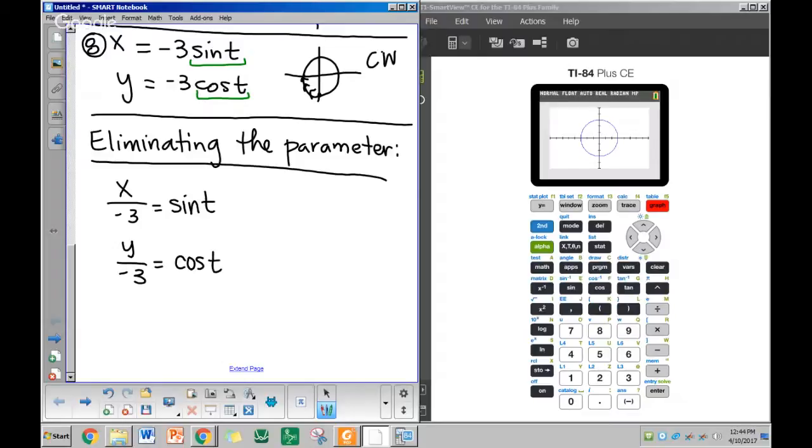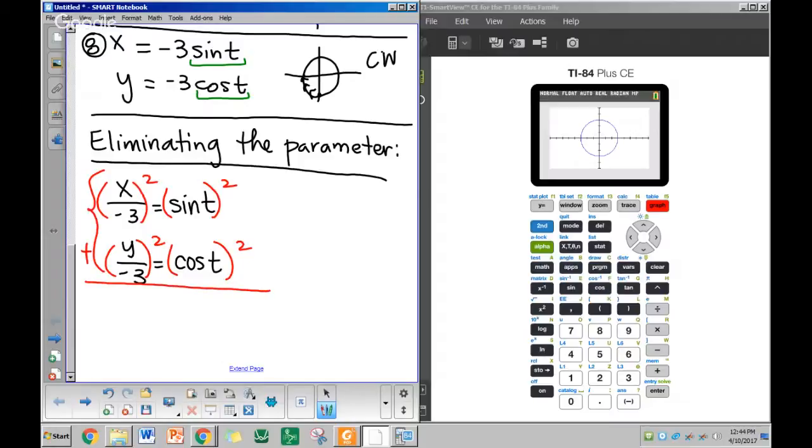And then we're going to harken back to our knowledge of the unit circle Pythagorean identity, the big ones, and square both sides of these. And why is that favorable to us when we add these together?